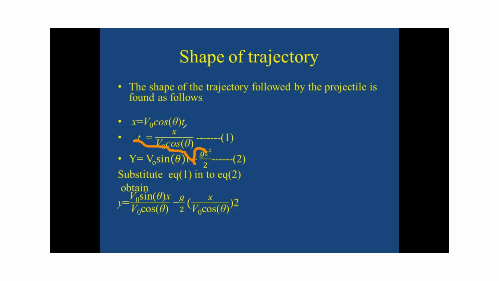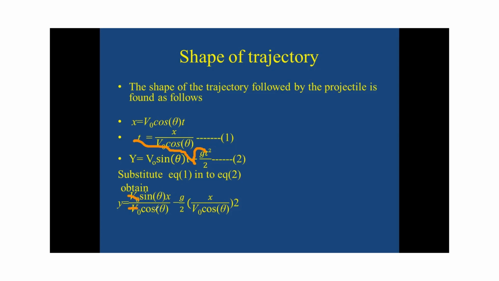Now, in equation 1, you calculate the time. If you substitute the time into equation 2, you get v naught sin theta times x over v naught cos theta minus g over 2 v naught squared cos squared theta times x squared. The v naught is cancelled out by v naught.